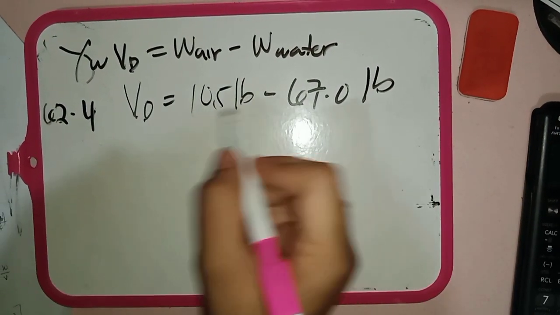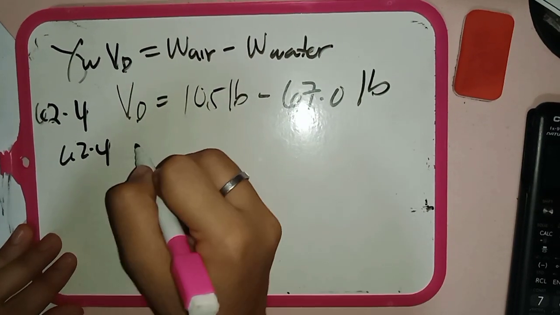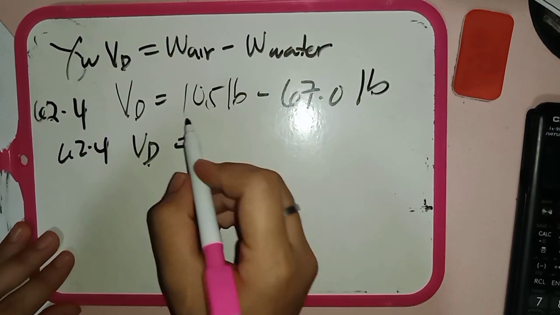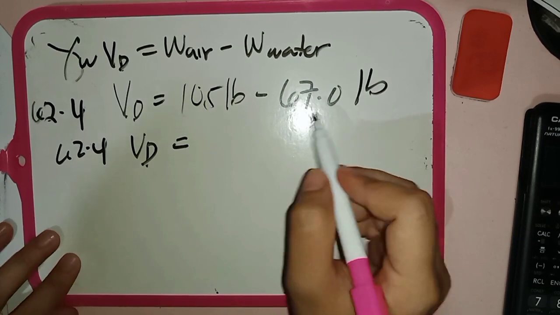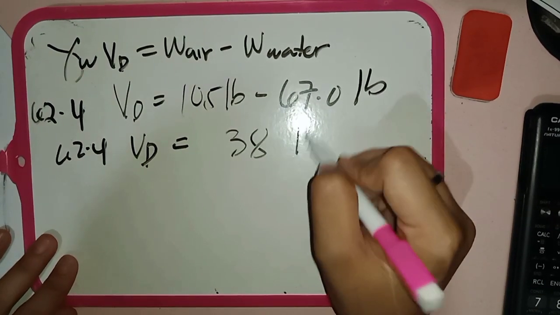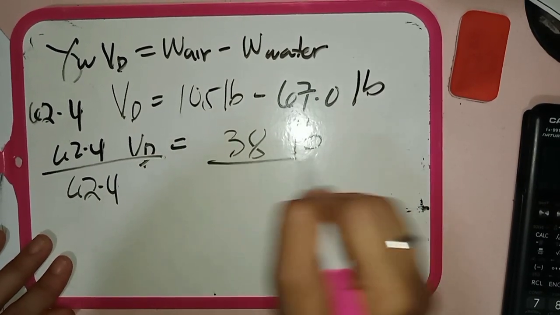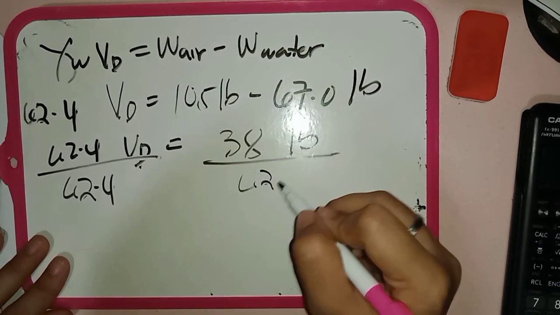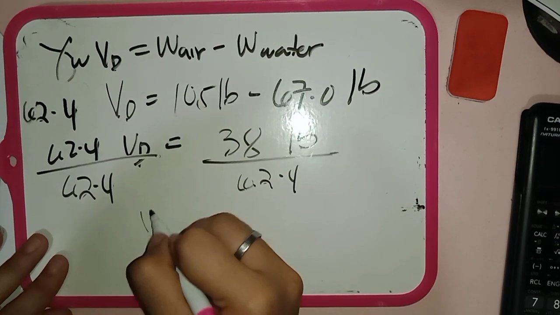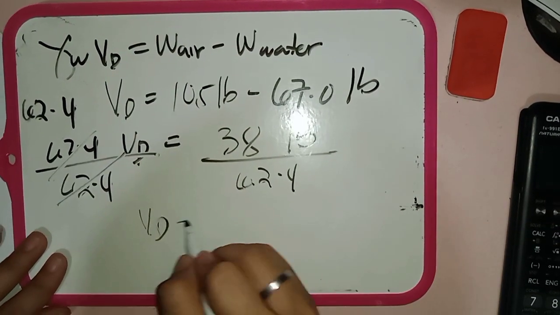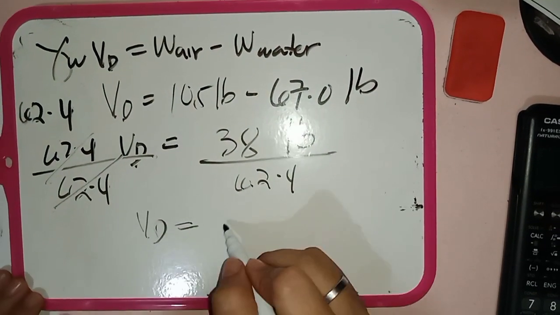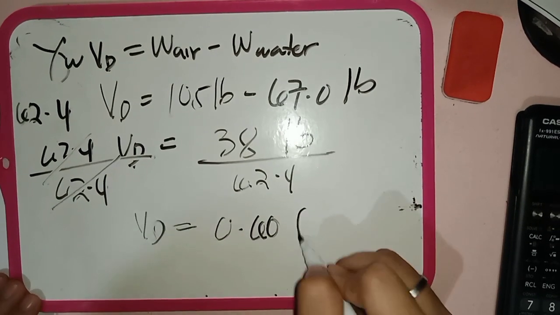So we subtract: 105 minus 67 is 38 pounds, over 62.4, to get VD. So VD is equal to 0.60 feet cubed.